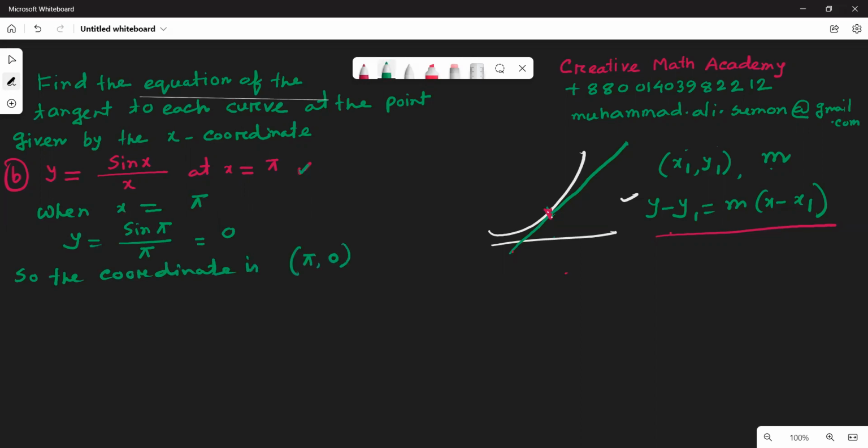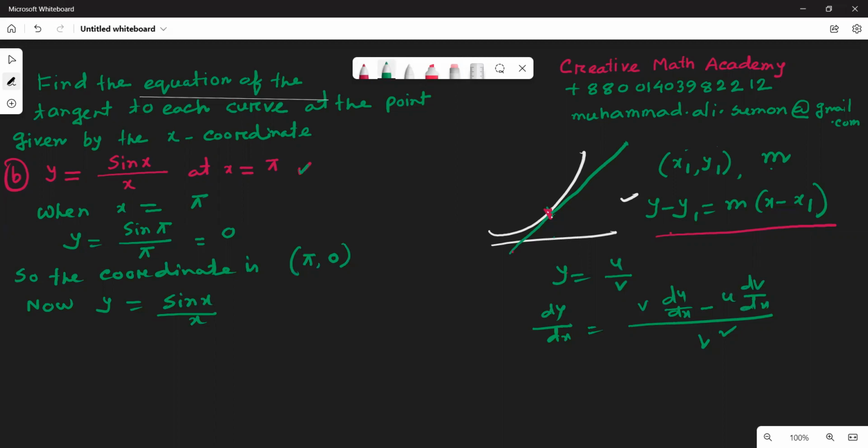So the coordinate is (pi, 0). Now we have to differentiate y equals sin x over x. Definitely it is the u by v method, and we know what the u by v method is: y equals u by v. If any function is in this form, it will be u by v format. The formula is (v du/dx minus u dv/dx) over v squared. This is the u by v method formula, or quotient rule.